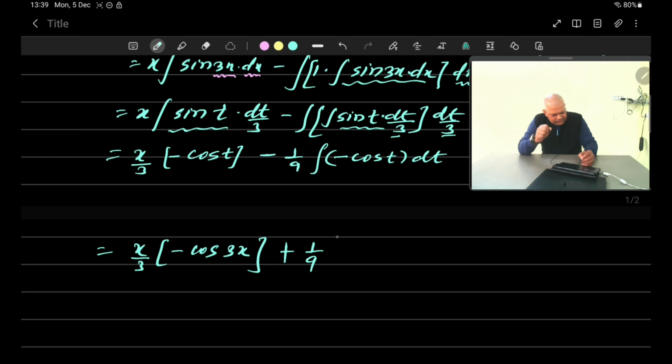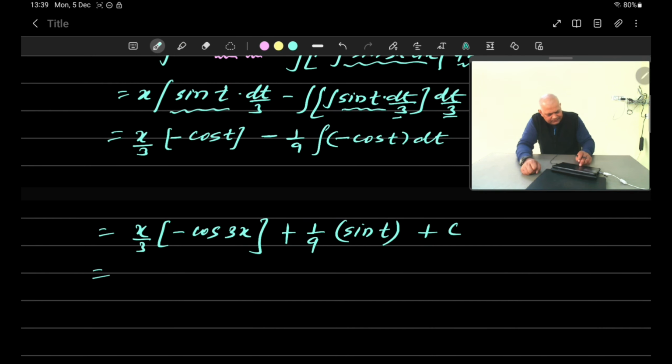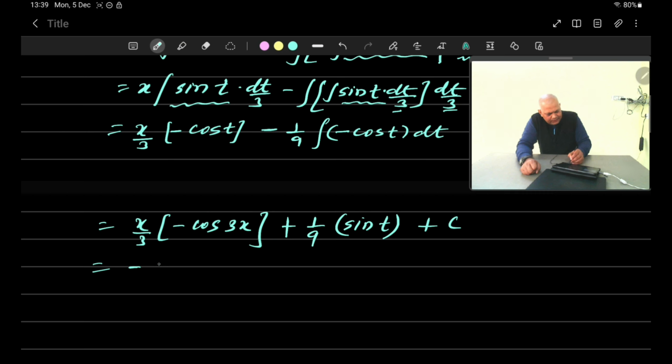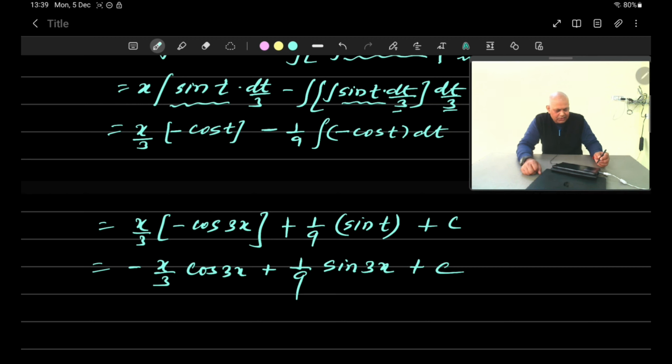And the integration of cos t into dt is nothing but sine t, plus the constant of integration c. So now you can write negative x divided by 3 times cos 3x plus 1 by 9 sine 3x, plus c, substituting t. So this is the answer of this question.